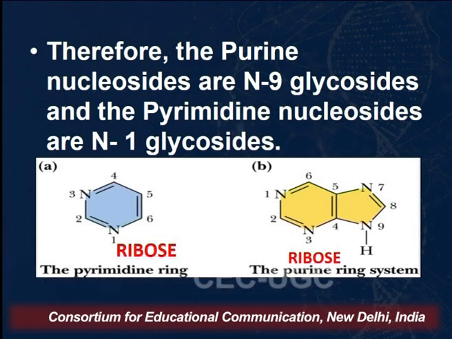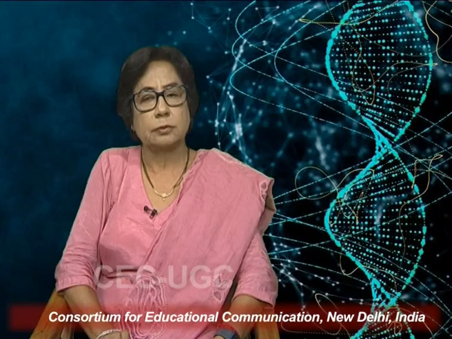Because in pyrimidine, the bond is going to be between the N1 and the ribose sugar, whereas when we talk of the purine, the bond is going to be between N9 and the ribose or deoxyribose sugars. So purines are known as N9 glycosides and pyrimidines are known as N1 glycosides.